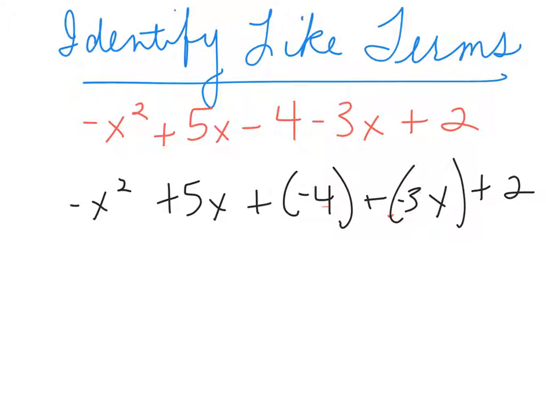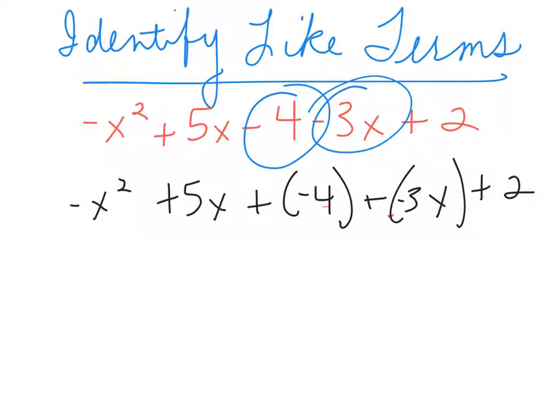So if I rewrite the expression in red to be a sum, I would have negative x squared plus 5x plus negative 4 plus negative 3x plus 2. And you can see that we made the changes in these areas so that everything is, we're adding, and then with the negatives associated with the proper numbers.